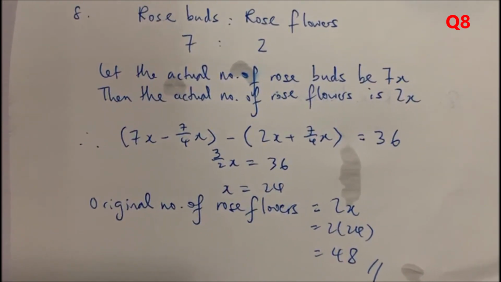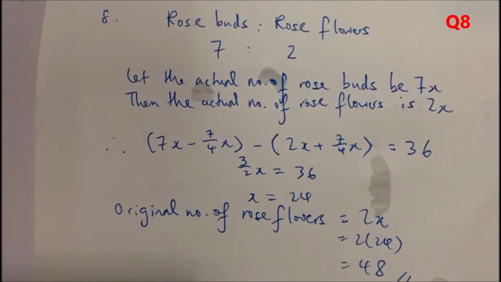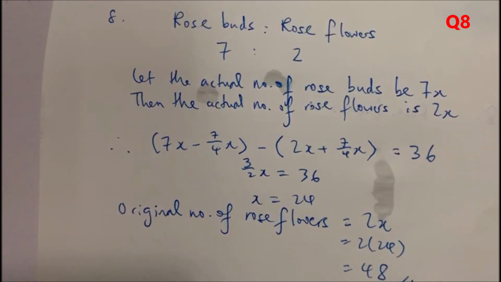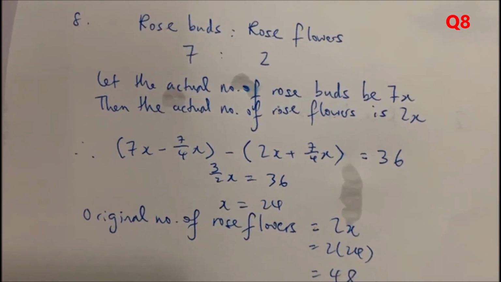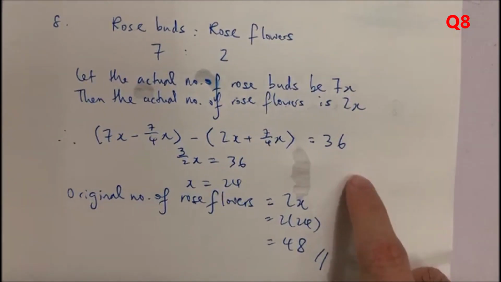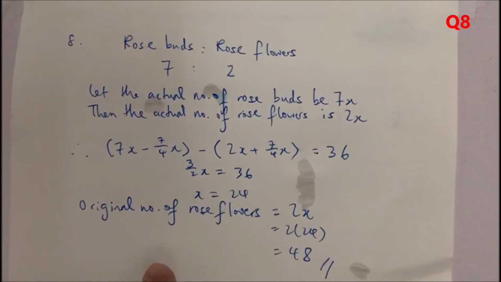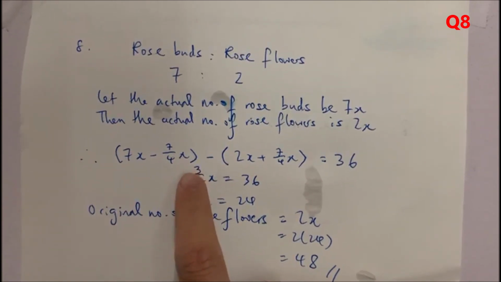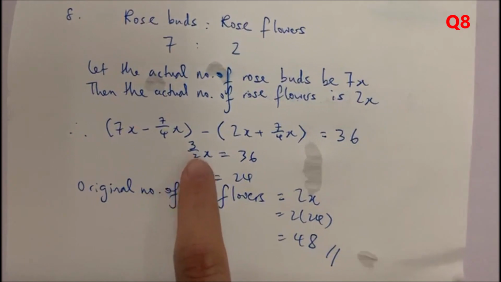Okay, according to the question, if 1/4 of the rose buds bloom to flowers, then the difference is 36. So we take the number of rose buds and subtract away 1/4 of it. Okay, so that will be the new number of rose buds.